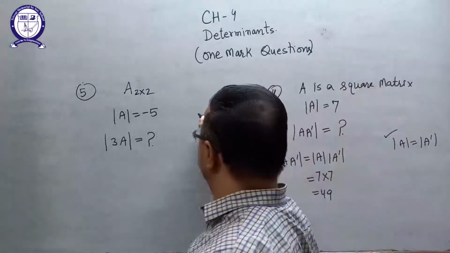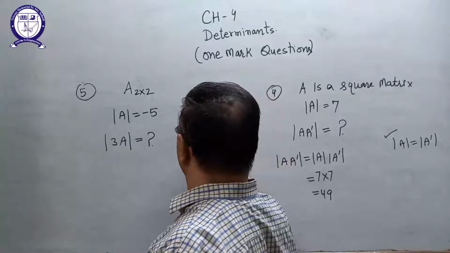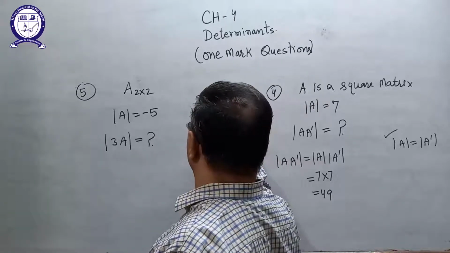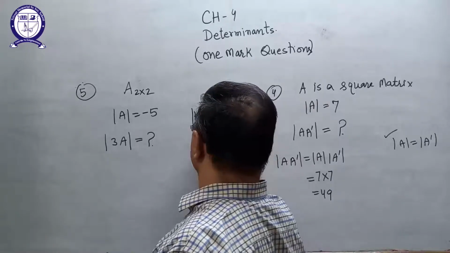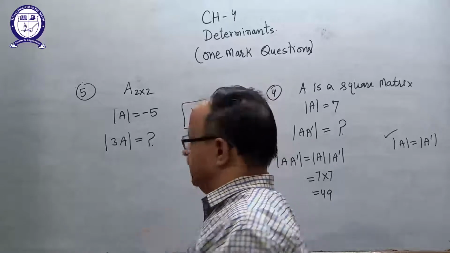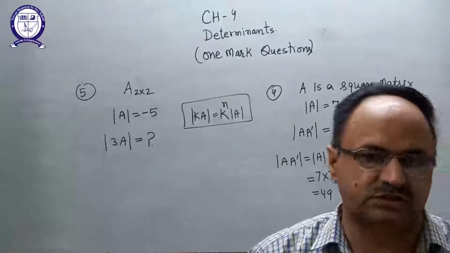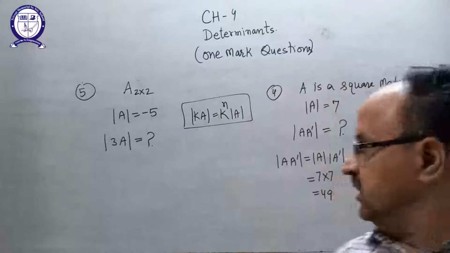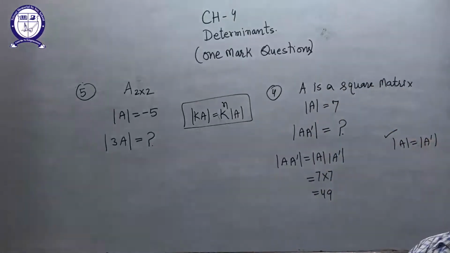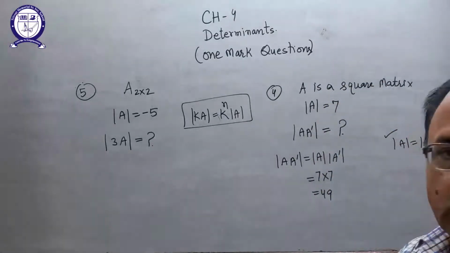You know very well about this property: determinant of kA is equal to k to the power n determinant of A. N is the order of matrix and k is a non-zero scalar.